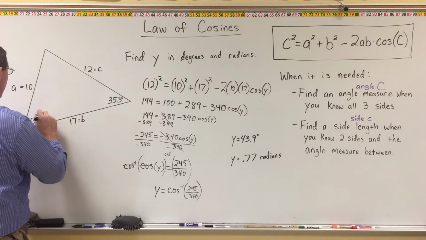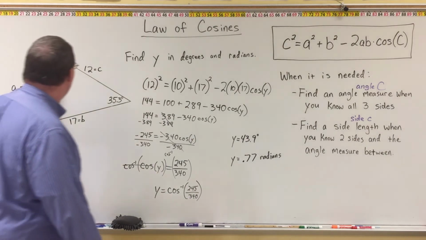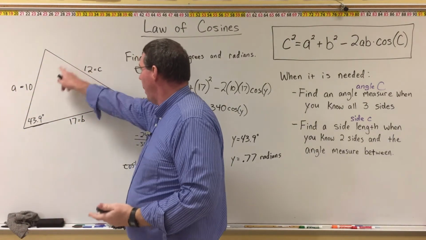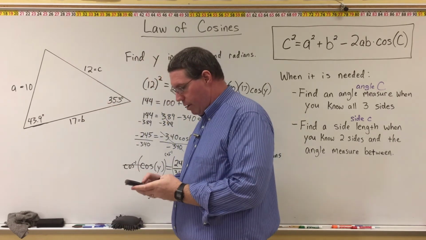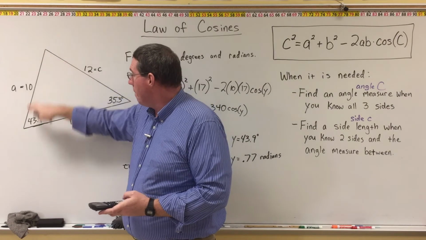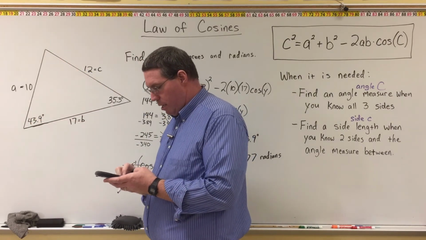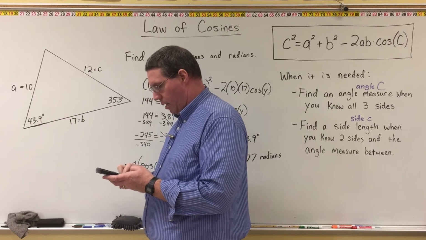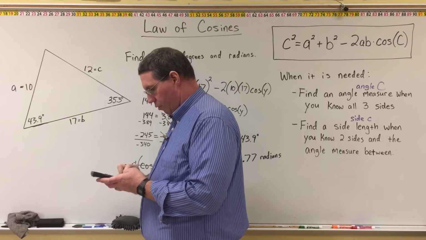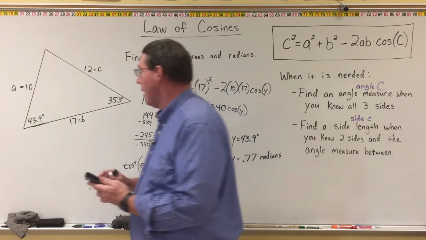And now you may think, oh, now we have to go to another example to get the third angle. No, to get the third angle, remember, this is a triangle, so all three angles add up to 180 degrees. So all we have to do now is 180 minus this, minus this, will give us this one. So 180 minus 43.9 minus 35.3 gives us 100.8 degrees.